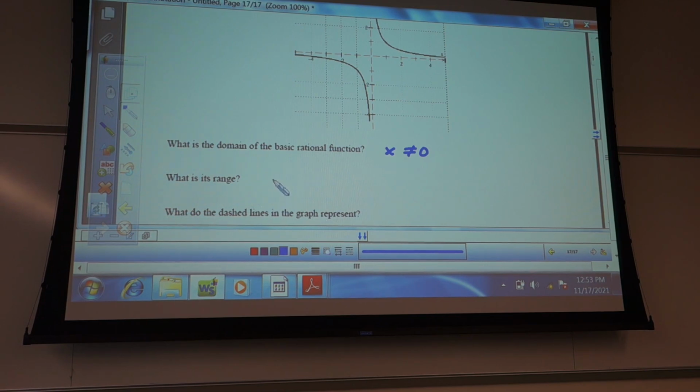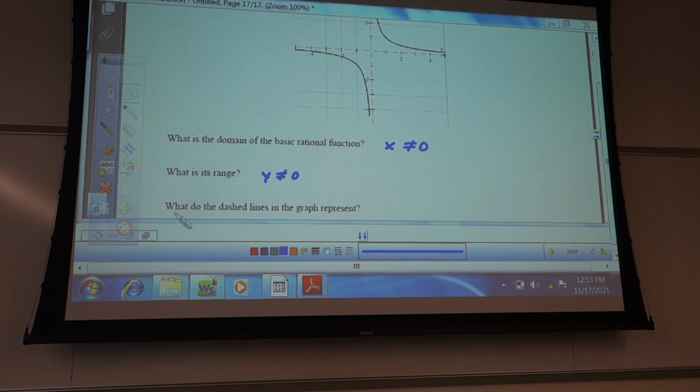Ryan, what's the range? X can equal 0. Oh, so that's the domain. Y can't equal 0. Good? Did that answer people's questions? No? Okay. So those are the lines that can't equal.